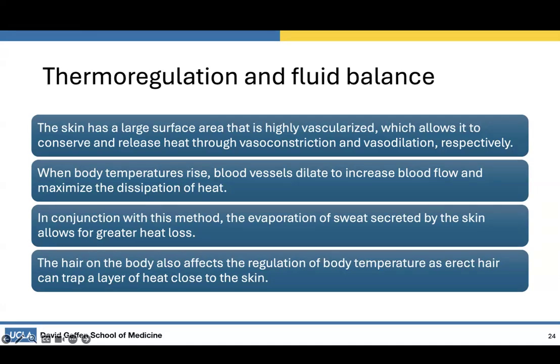In conjunction, the evaporation of sweat that is secreted by certain glands of the integumentary system allows for greater heat loss. When body temperature lowers, blood vessels constrict to reduce heat loss. The hair on the body also affects the regulation of body temperature, as erect hair can trap a layer of heat close to the skin.